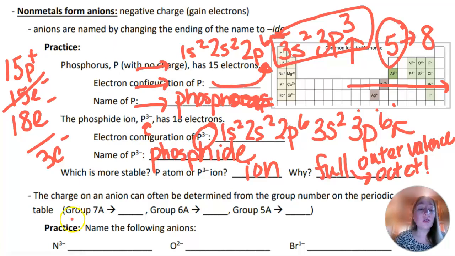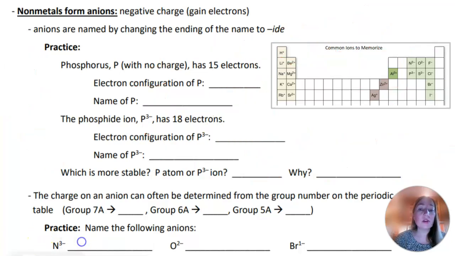Okay, so let's clean that up because that's just too hard to read or look at. The charge of the anions can usually be found by their group number. We know that the noble gases don't form any, they're full. So here we've got a -1 in group 7A, -2 for the nonmetals in group 6A, and -3 for those here in 5A.